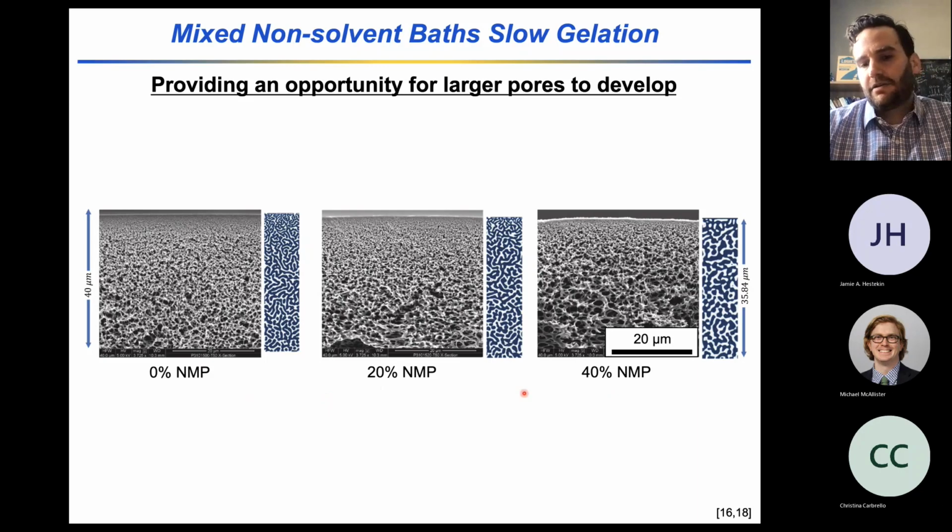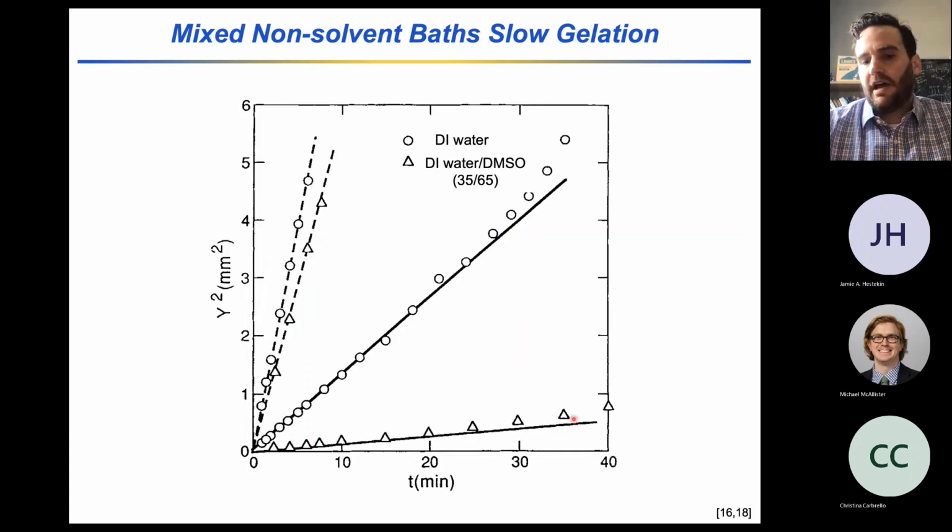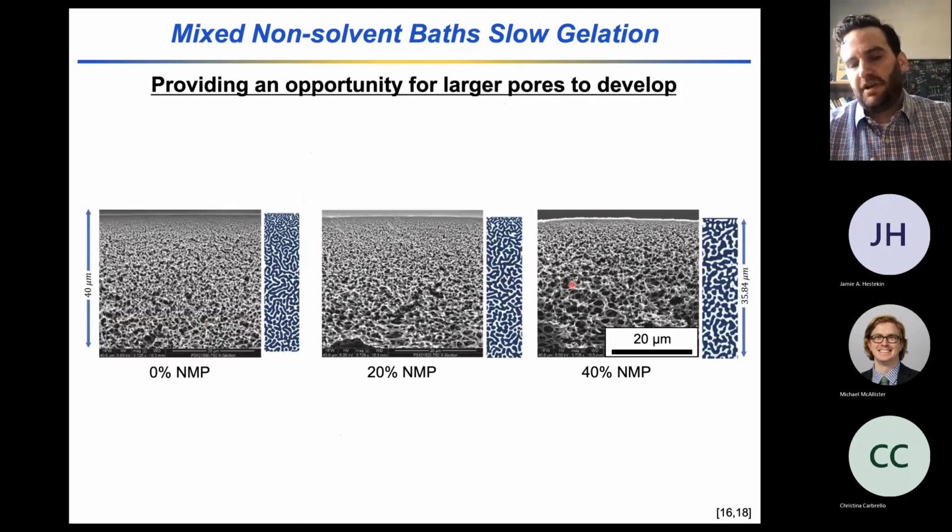As I increase the amount of NMP in the non-solvent bath and have a slower growth of this vitrification front, I give the phase separated polymer structure more time to grow in size. And so the characteristic size of the pores that you observe as you move from left to right increases due to the inclusion of the solvent in the non-solvent bath, and that delays the growth of the vitrification front.